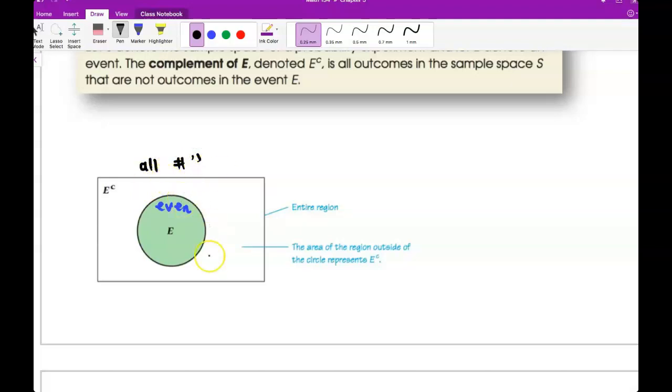On this part we have the complement of E, meaning I'm not going to have the numbers that are inside the circle. Outside of that range, on this part, I have odd numbers.